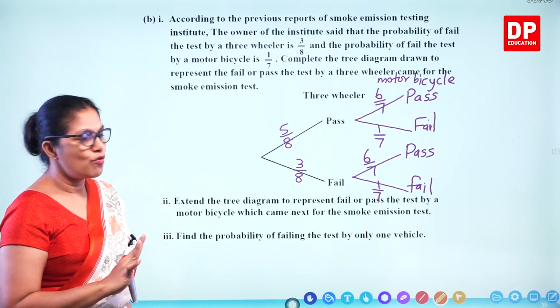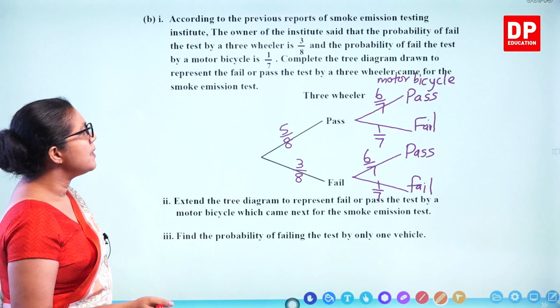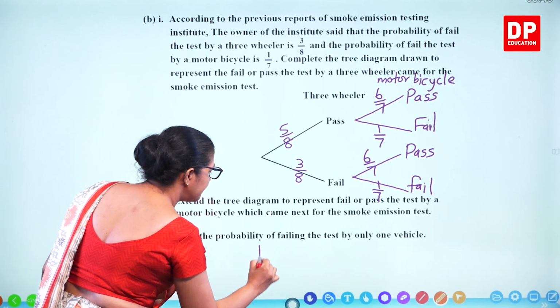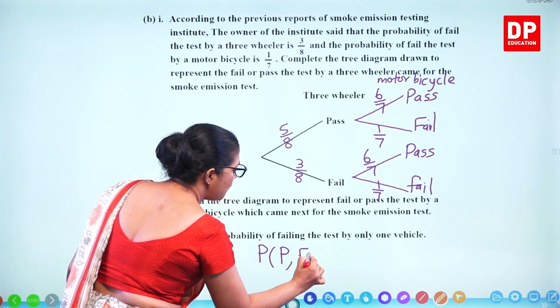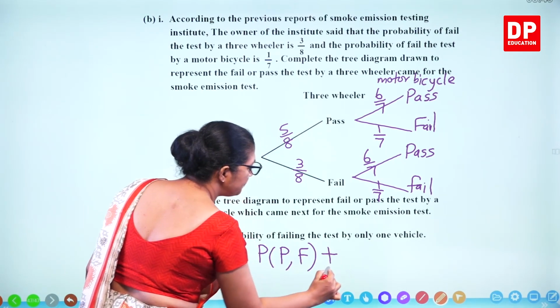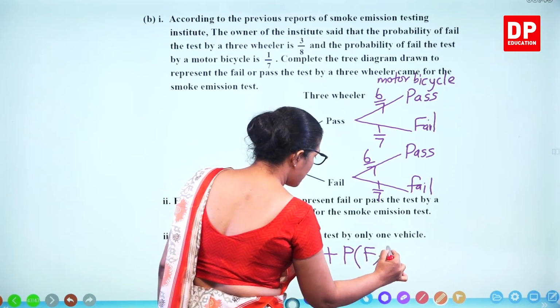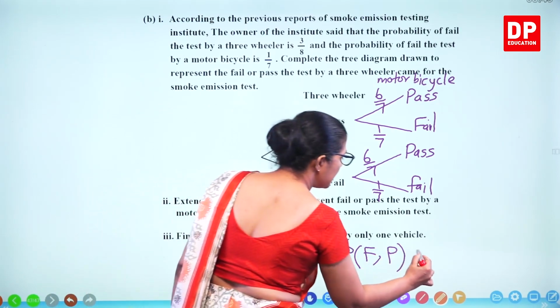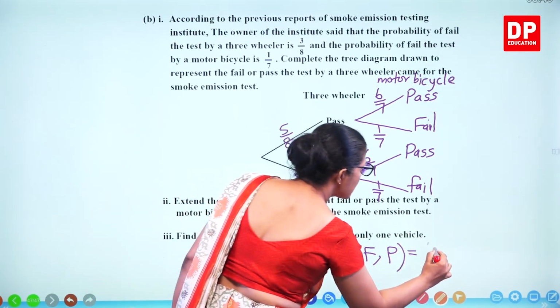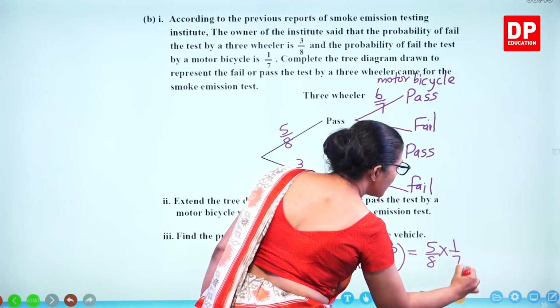So this is the full diagram, and you need to find the probability of failing the test by only one vehicle. That means passing three-wheeler and failing motorbicycle, or failing three-wheeler and passing the motorbicycle. So what are the two possibilities? Pass, that's 5/8, into fail, 1/7.